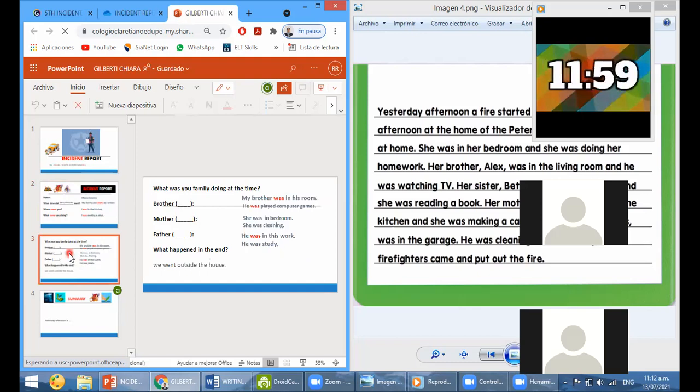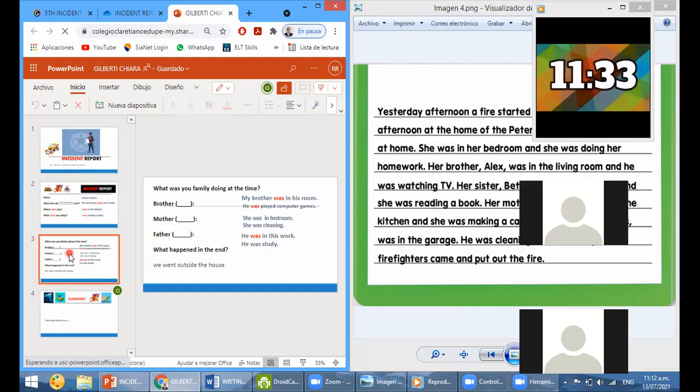Chiara, when you talk about your mom, it's her room. My brother was in his room. She was in the bedroom. She was cleaning what? The bedroom? Yeah. She was playing, Chiara.